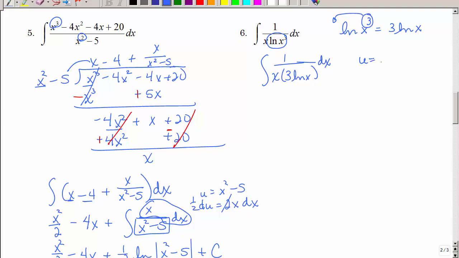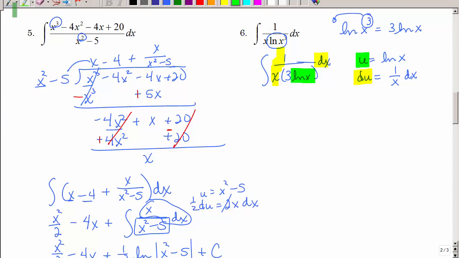So how about let's let u equal to the natural log of x. Then what is du? What's the derivative? Just 1 over x dx. So let's see, what do I have? I have dx with 1 over x. That's du. Then I have this part is u.